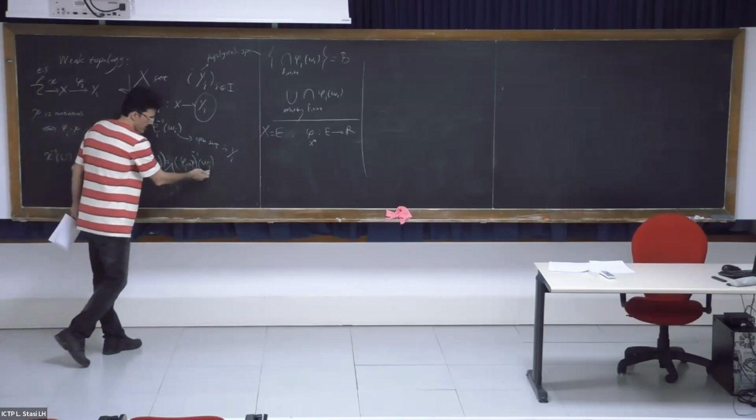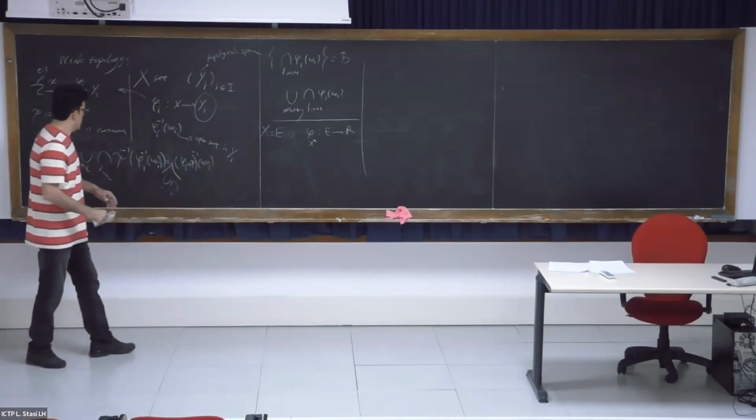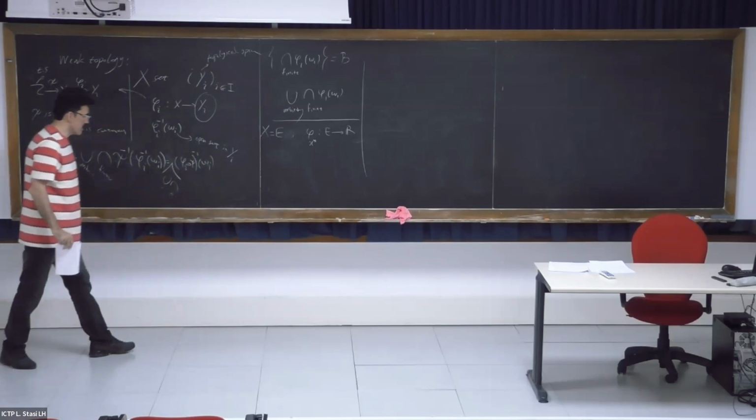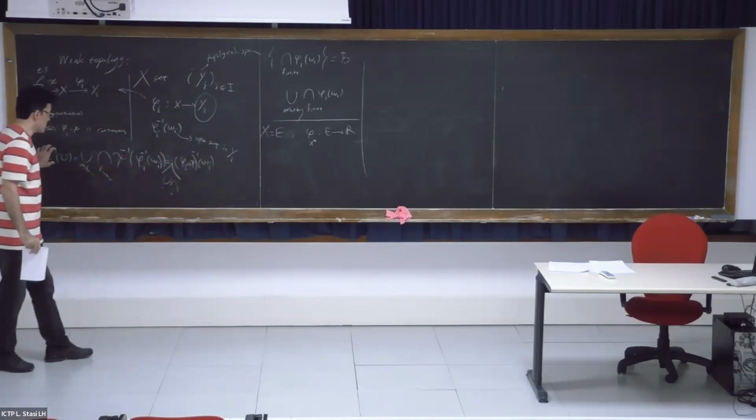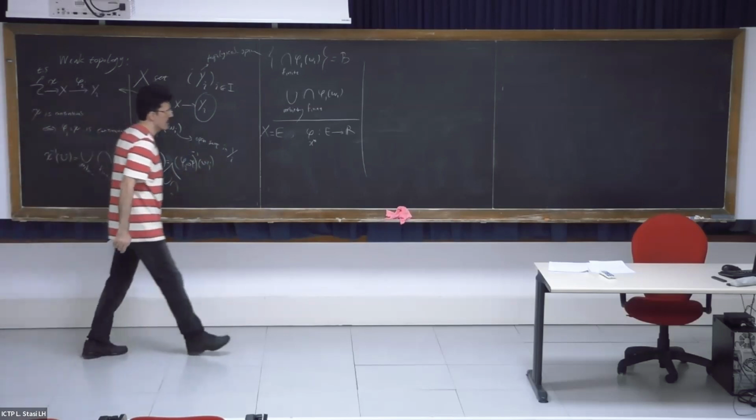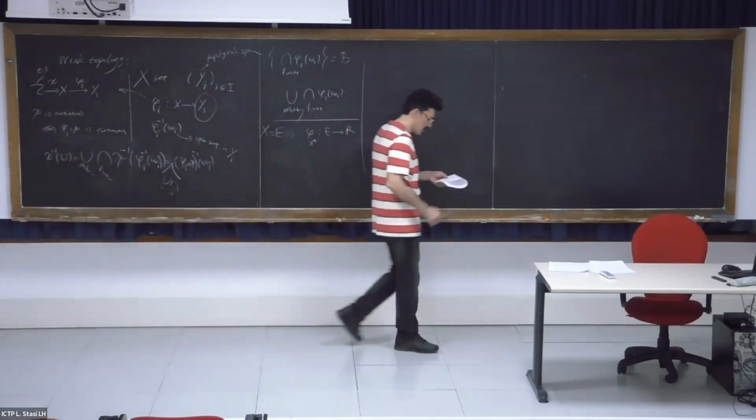So if this one is open, and if we have this composition continuous, then we obtain this one, and the converse is also easy to show.